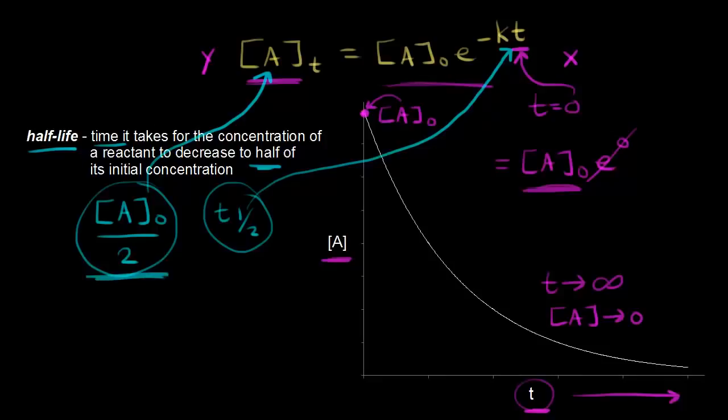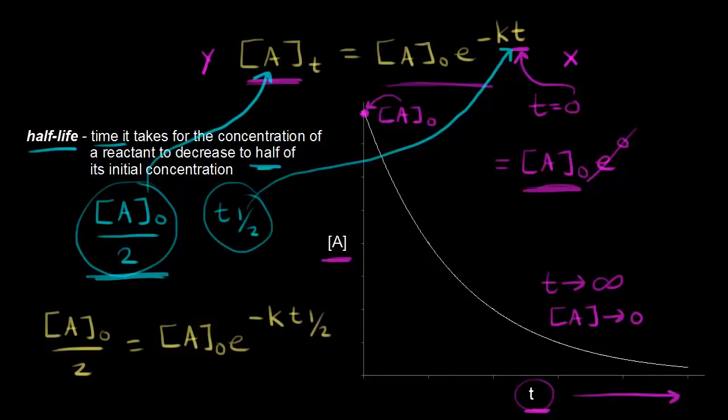So let's plug those in and solve for the half-life. On the left side, we would have our initial concentration divided by 2. And this would be equal to the initial concentration of A times e to the negative k, and then this would be the half-life. So we plug in T1/2 here. Now we're just going to solve for T1/2.